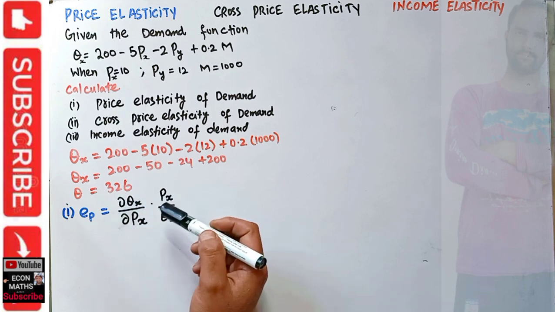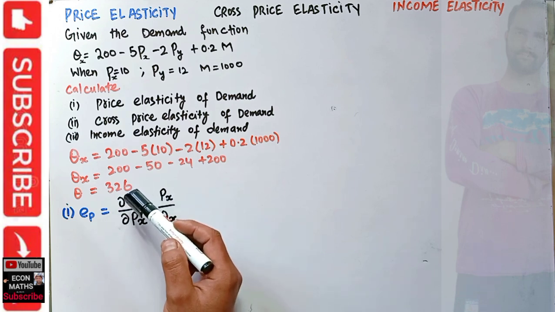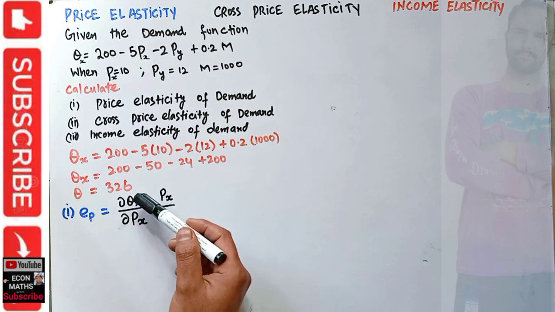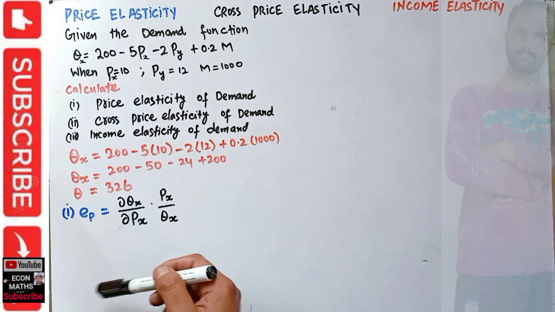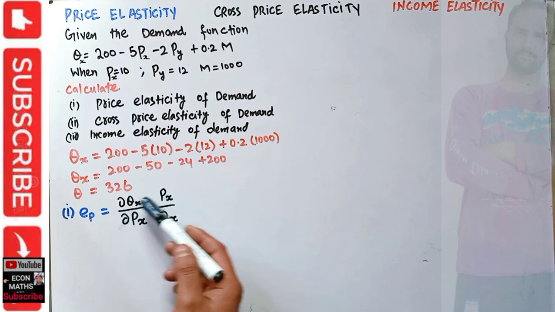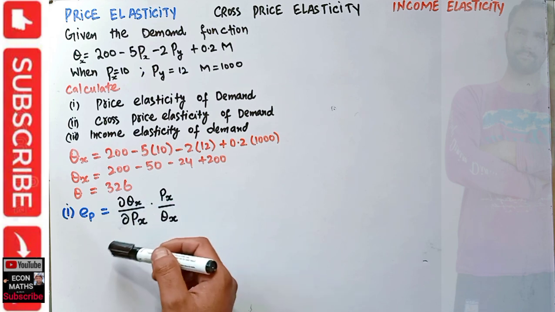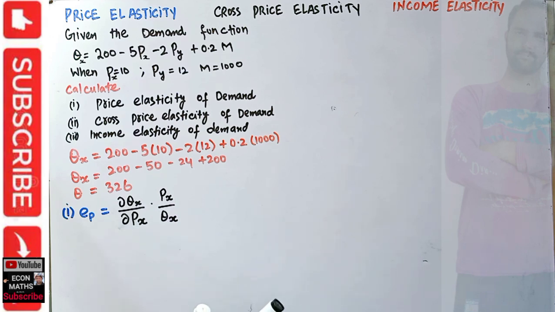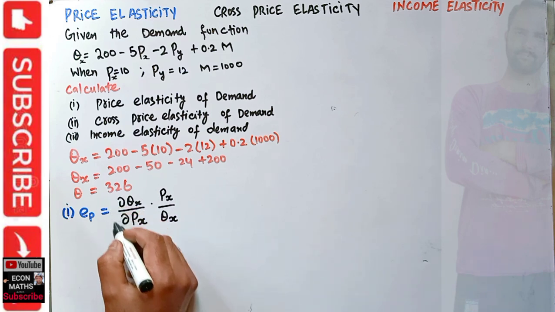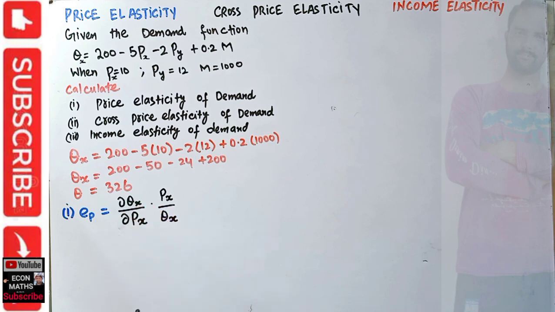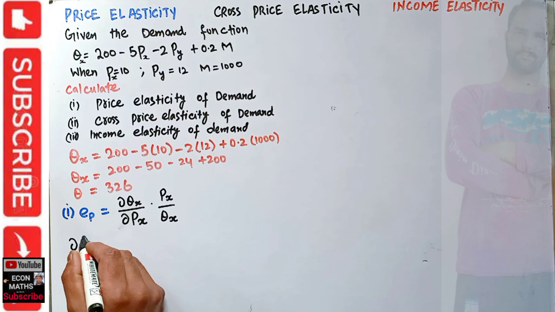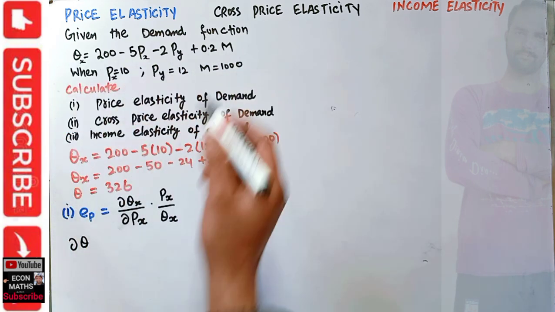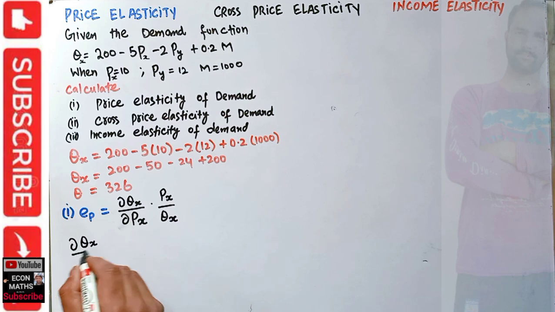This simply tells us the percentage change in quantity demanded of good X divided by the percentage change in the price of good X, what we call the own price elasticity of demand. That means first we need to calculate this very derivative, the partial derivative of this demand function with respect to px.